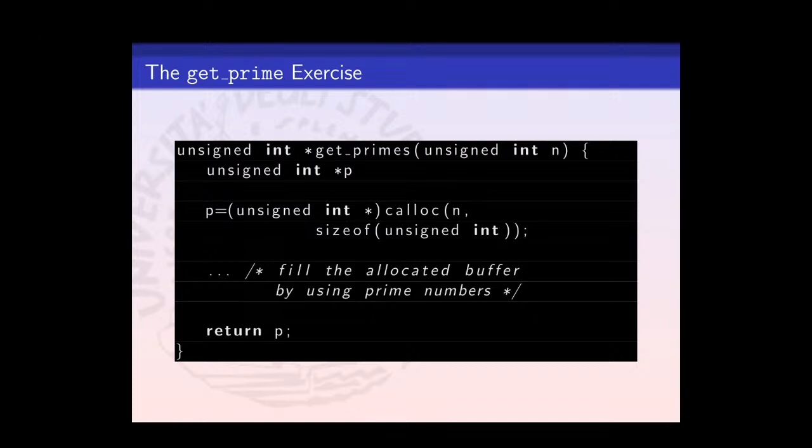Inside the function, this is the signature, and it's more or less easy to understand what's going on. Here we are taking a number as parameter, and we are returning a pointer to a memory location. And the memory location is reserved to represent a sequence of unsigned integers. Is it clear?